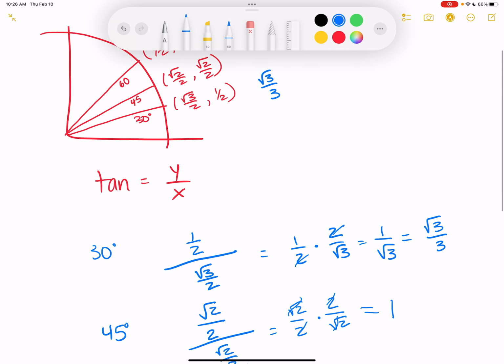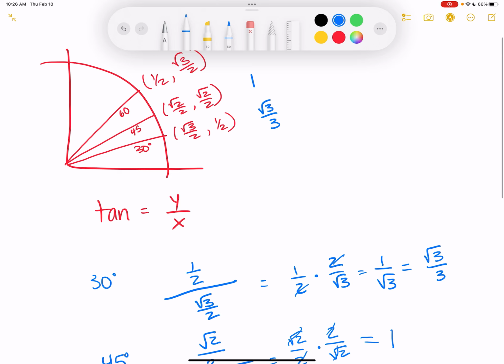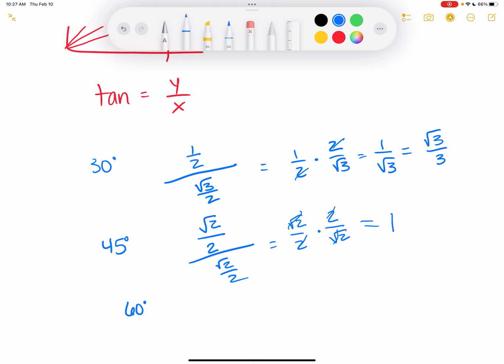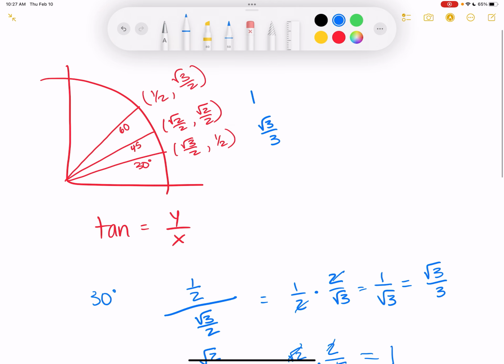So the tangent of 45 is 1. And lastly for 60, we have the square root of 3 over 2 all over 1/2, or root 3 over 2 times 2 over 1. The 2's cancel, leaving root 3. So the tangent of 60 is the square root of 3.